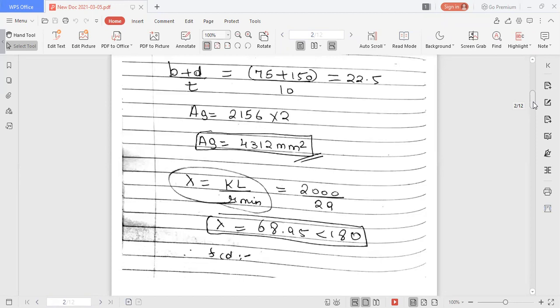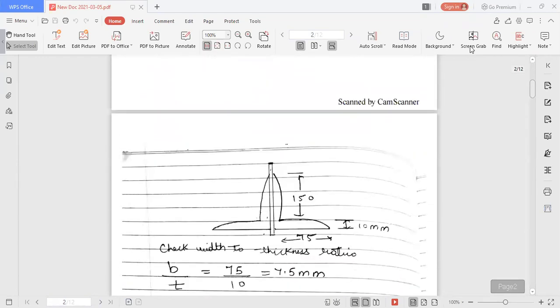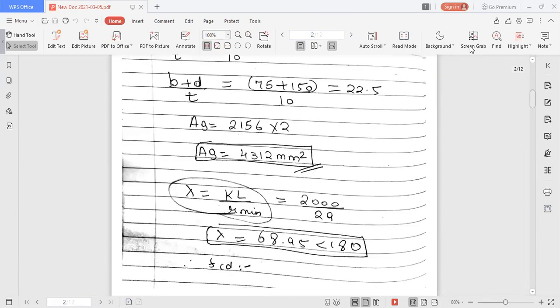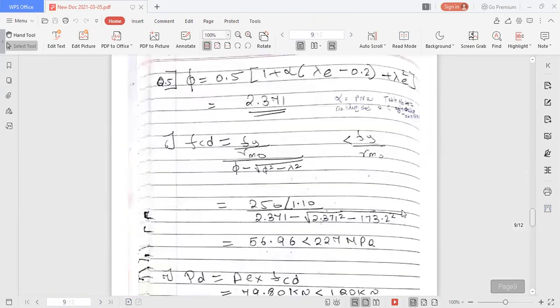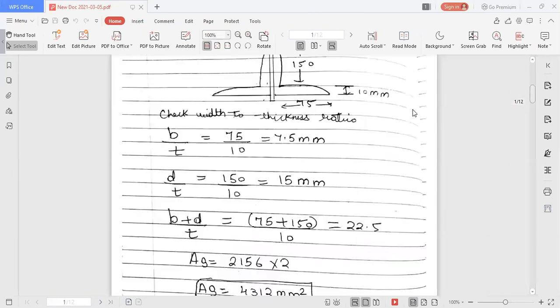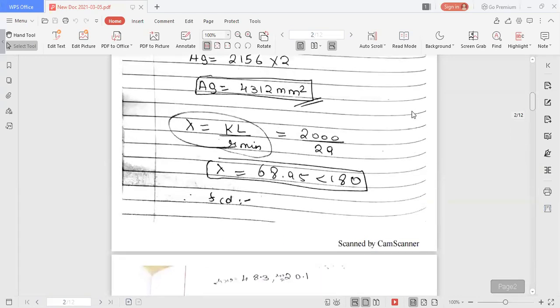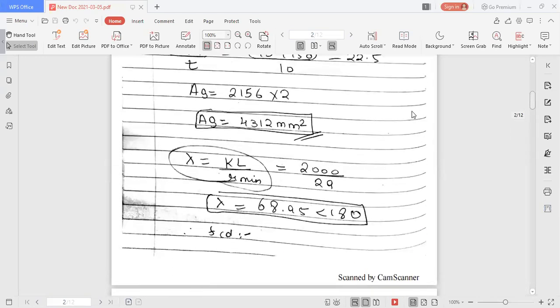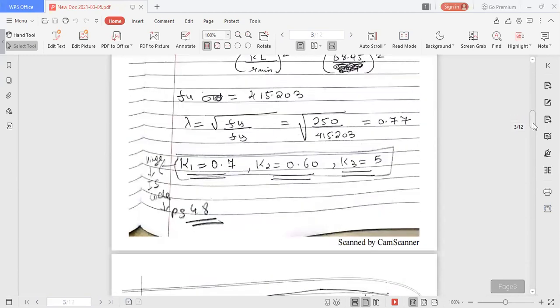So here the gross sectional area for the one angle section is 2156 into 2.